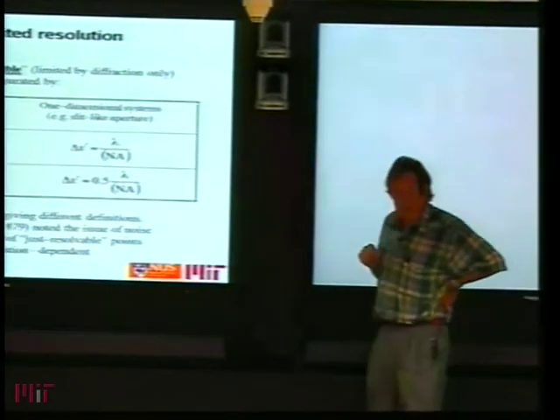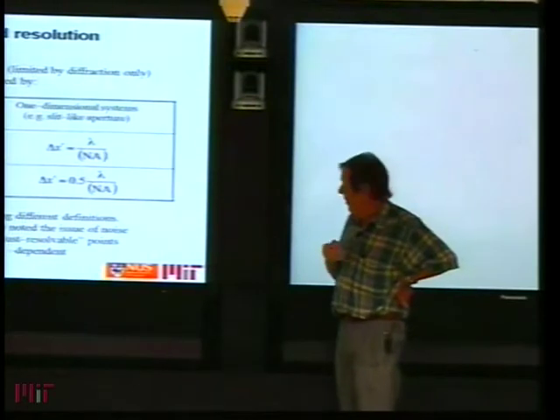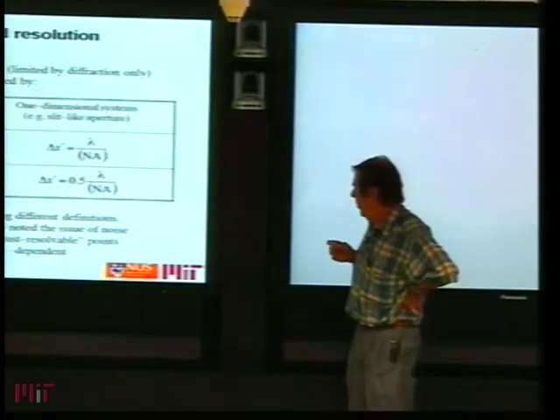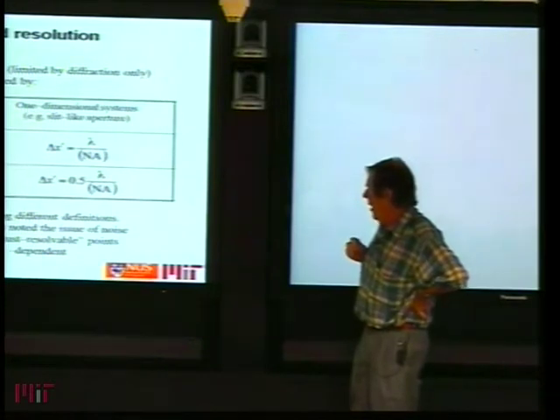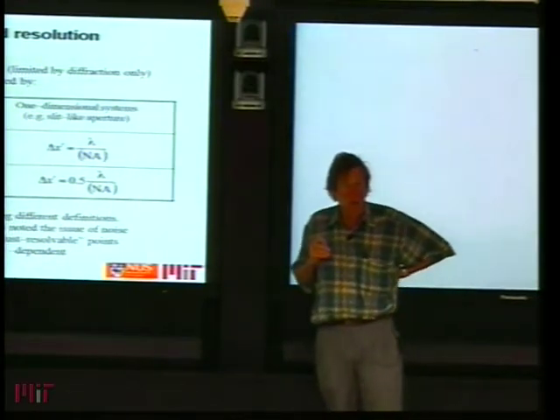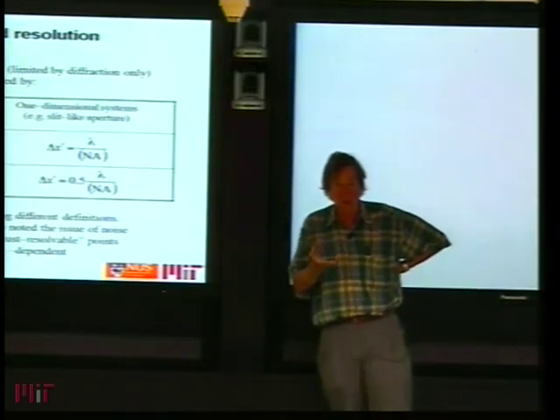Okay, you will see that different authors give different definitions. I'm not going to go into all that because it's not really important at this stage. Rayleigh, in his original paper, noted the issue of noise and warned that the definition of just resolvable points is system or application dependent. A lot of that is true, of course.